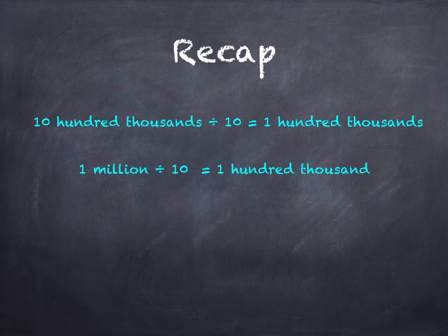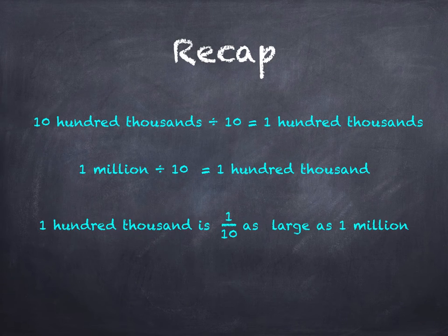If we divide those 10 hundred thousands up, we would get 100,000. And we now know that 100,000 is 1/10 as large as 1 million. So 100,000 is smaller than 1 million. So if you divide 1 million by 10, you get 100,000.